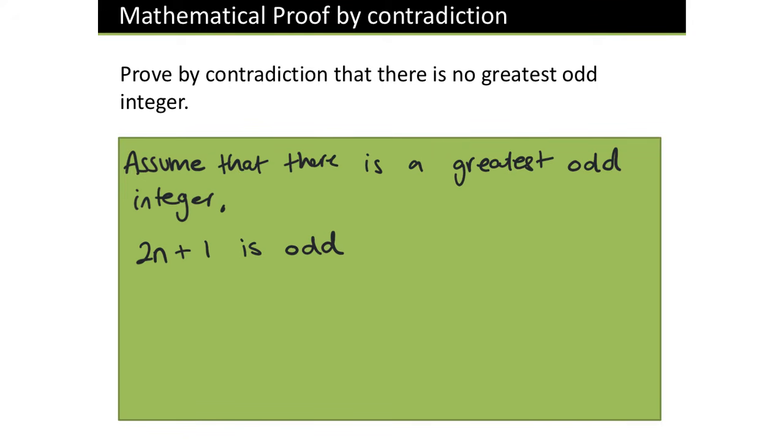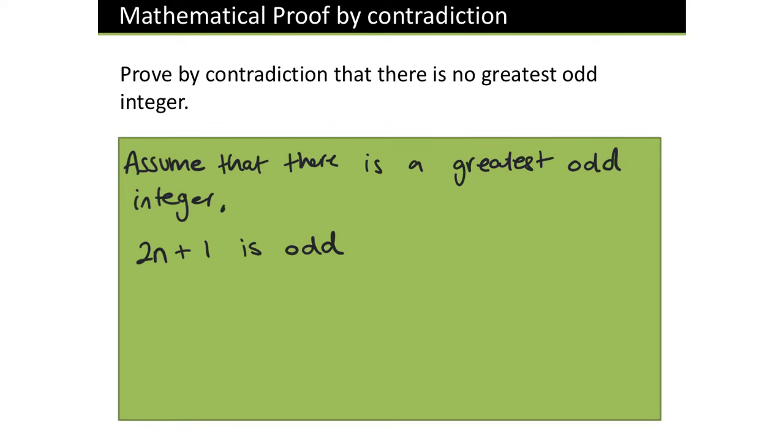Is that going to help us right now? 2n plus 1 multiplied by infinity is still 2n plus 3. I kind of like where Faris is going, but we're not going to multiply by infinity. Why would we then write 2n plus 3? So we have to think what's happening here. So assume that there is a greatest odd integer. We've stated that 2n plus 1 is odd.